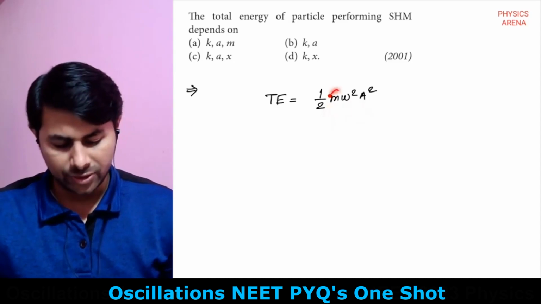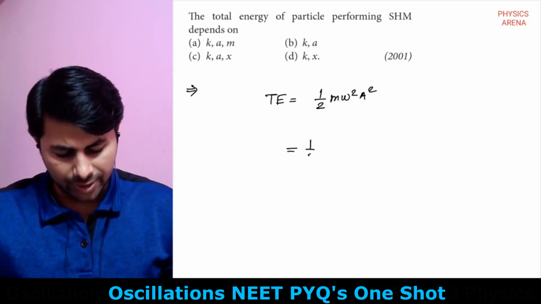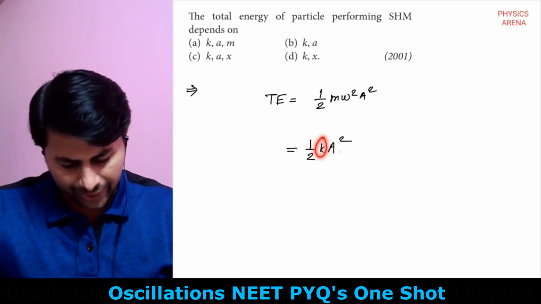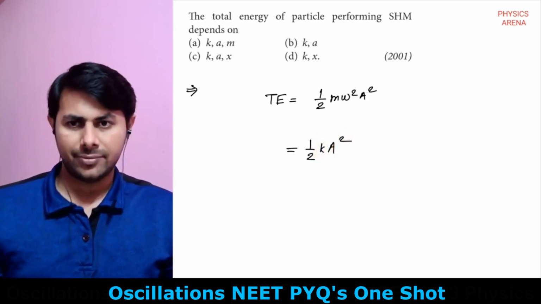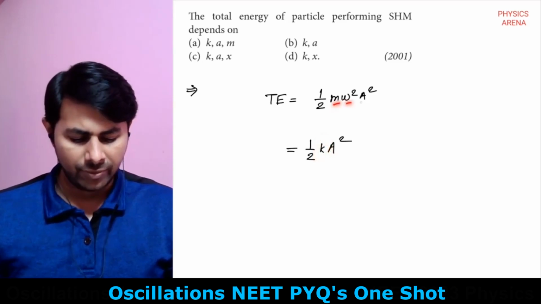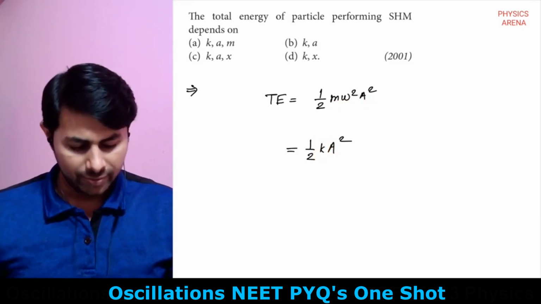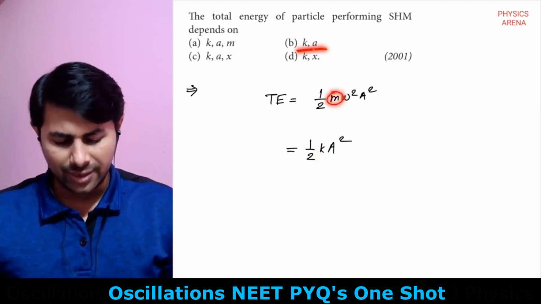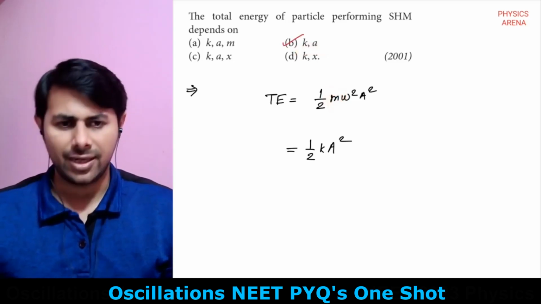And it can also be written as half of k into a square. So if k and a are given, there is no need of m. But if k is not given, then you need m, omega, and a. But if k is given, we don't need m. So k is the answer. Option B is the answer.